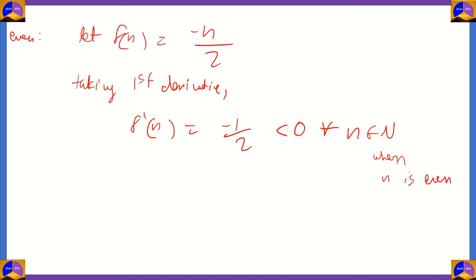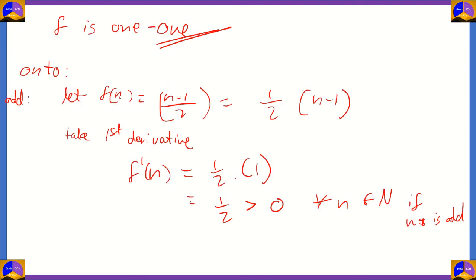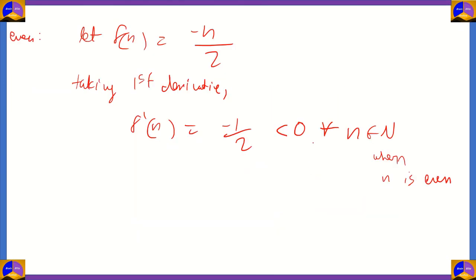So for the given domain, the function is an increasing function or a decreasing function. In the first case, for the given domain, the derivative is positive. That means the function is increasing. And for the second case, the first derivative is negative, so the function is decreasing.